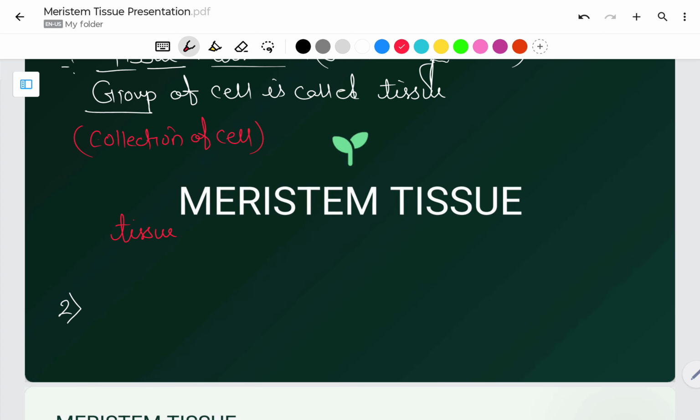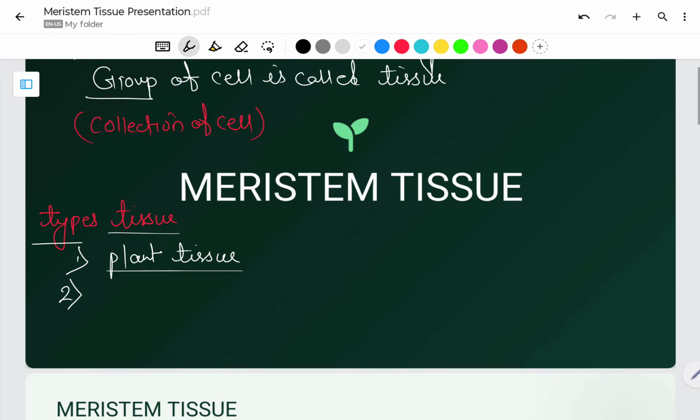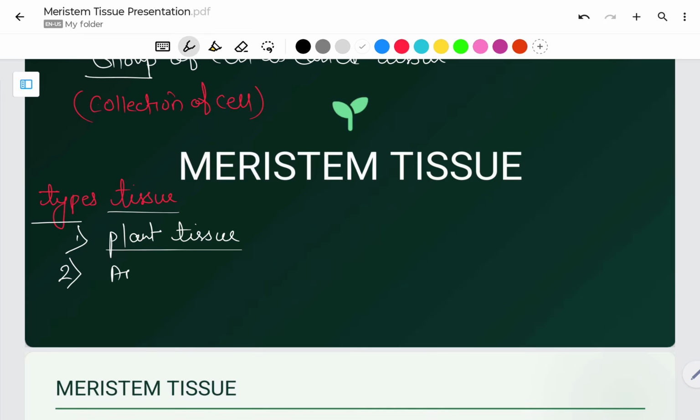The first type of tissue is plant tissue, and the other type is animal tissue.